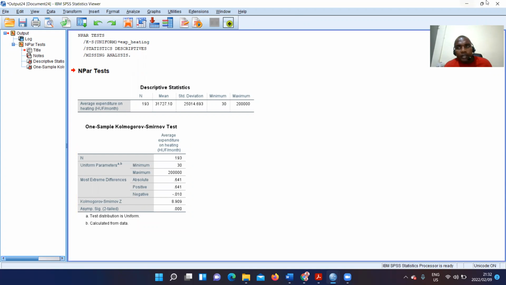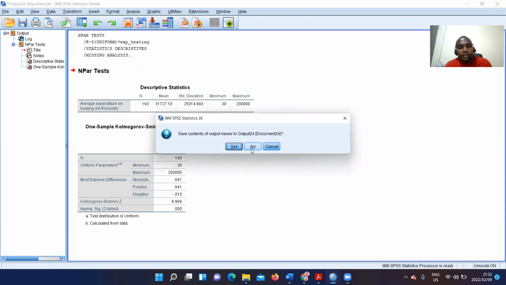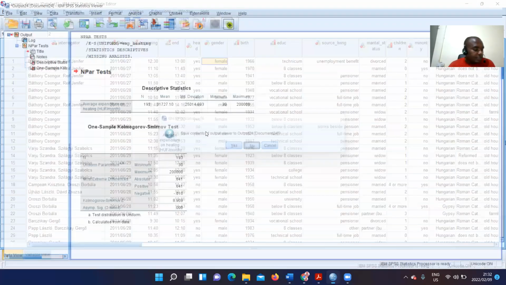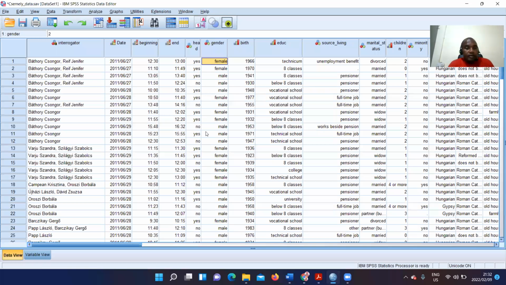And then we can also mount hypotheses which are a bit more elaborate. For instance, we can test the hypothesis that average expenditure on heating of households heating with gas and households heating with solid fuels are equal.